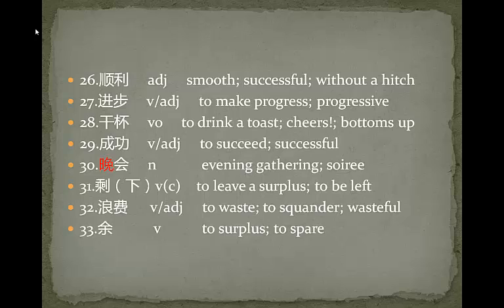Number 28, 干杯, to drink a toast, cheers, bottoms up. 干 means dry, and 杯 cup, so dry the cup, bottoms up. I would like to explain the character 杯. It can be split into left and right part. The left part is the wood radical, 木字旁.